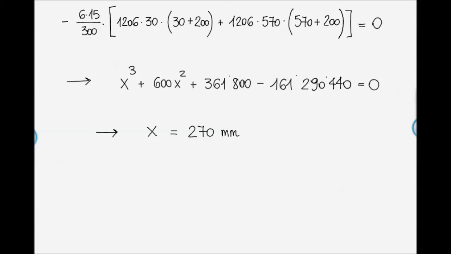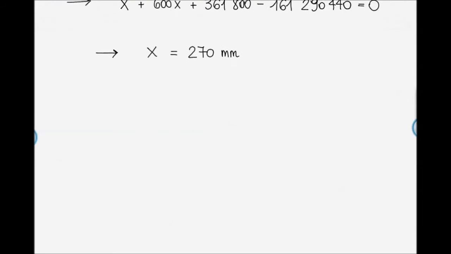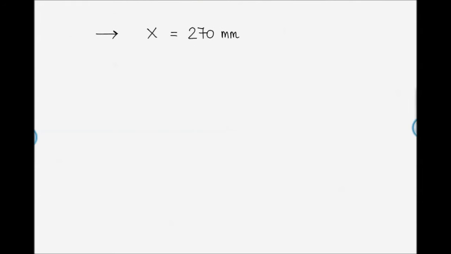Well, in order to calculate the stresses on concrete and on the reinforcement, we need the static moment Sn with respect to the neutral axis. So we calculate it, since we now know which is the value for x. So we have that Sn is equal, as usual, to this expression, bx squared over 2 plus n as prime by x minus c minus n as by d minus x.